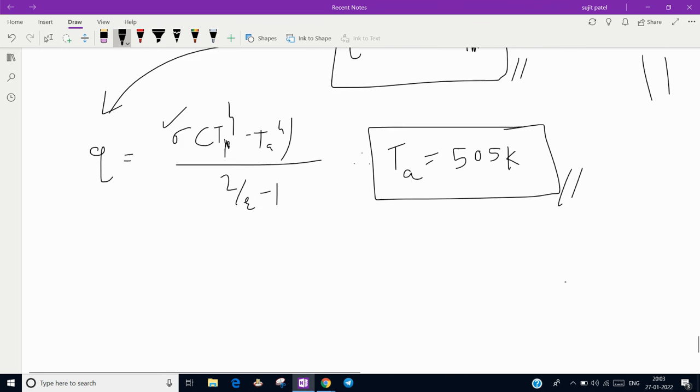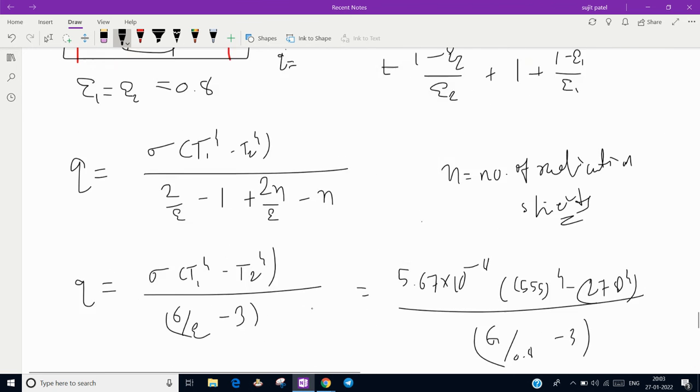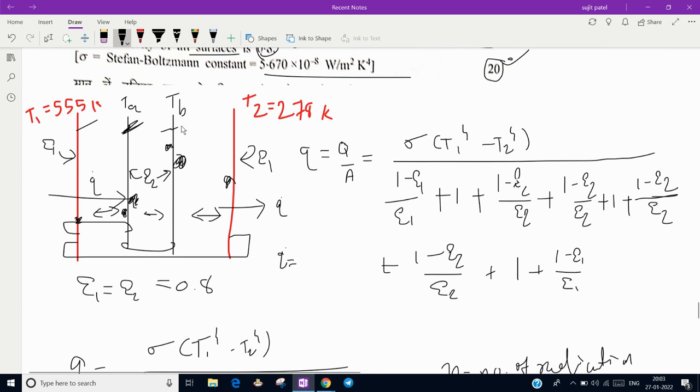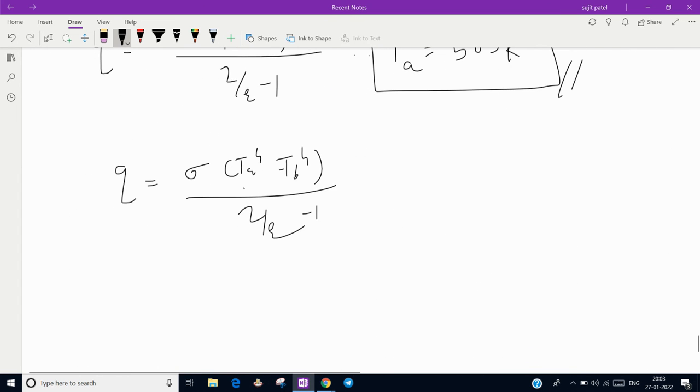You can easily solve this. Similarly, apply the steady state equation between the two surfaces: (Ta power 4 minus Tb power 4) divided by (2 times (1/epsilon) minus 1). So what are Ta and Tb? Between these two radiation shields also we can apply this equation, as the flow is steady state.